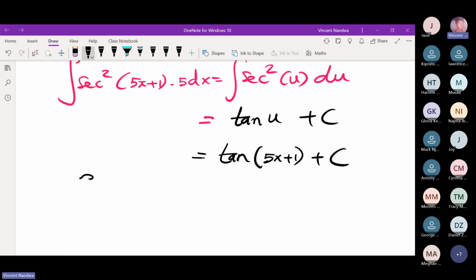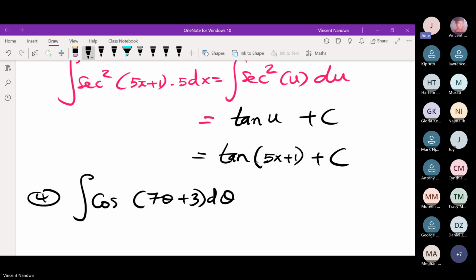Can you be trusted with this? Integral of cos 7 theta plus 3 d theta and integral of x squared e power x power 3 dx. Can you try to work out 4 and 5?